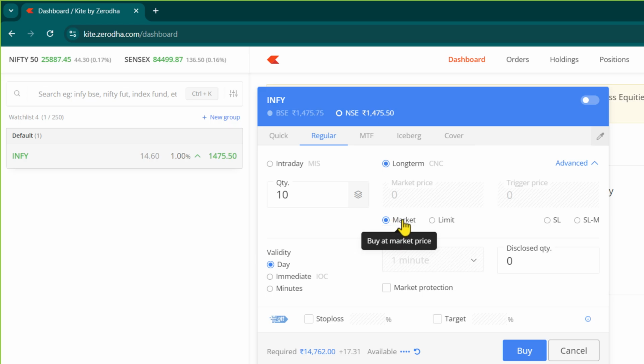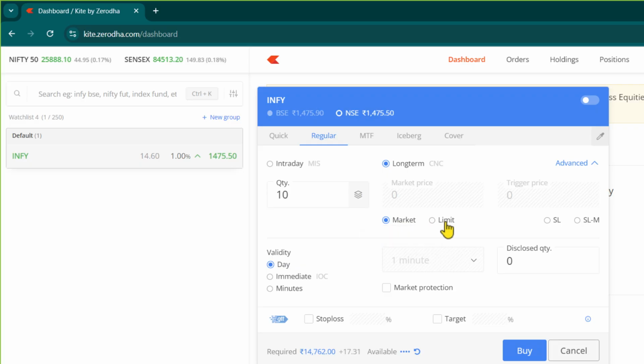That is what this means. It means do not worry about the price. I am willing to give as much as the seller is asking. That is what is meant by market price.